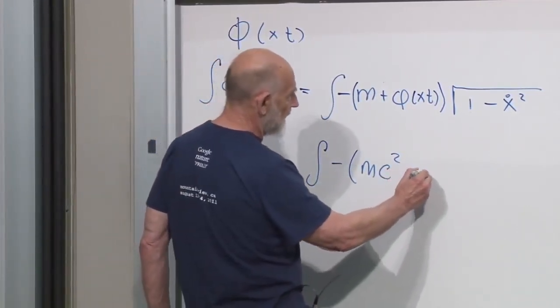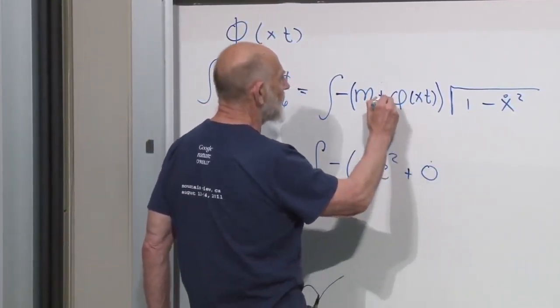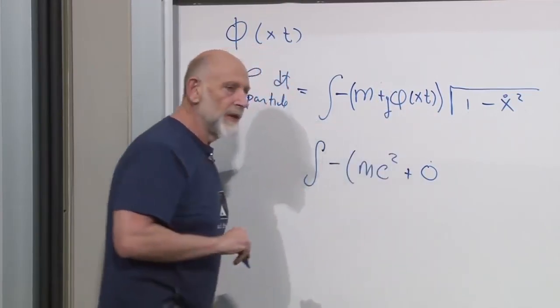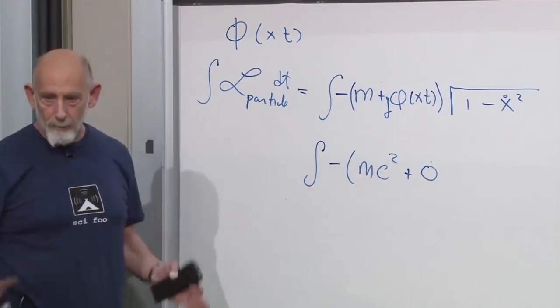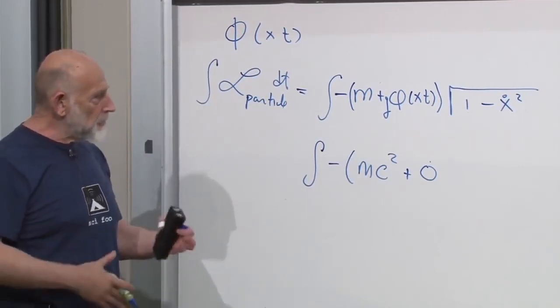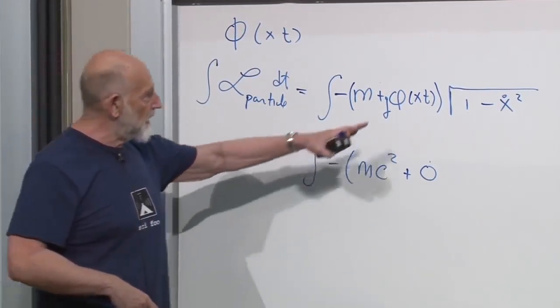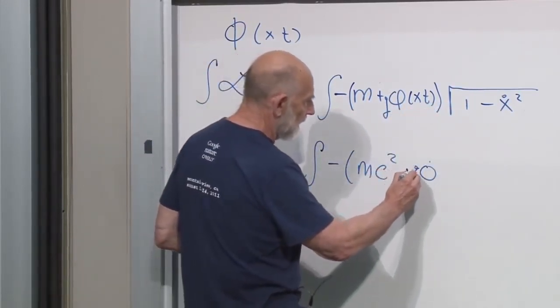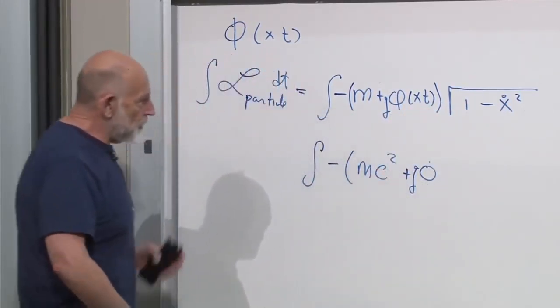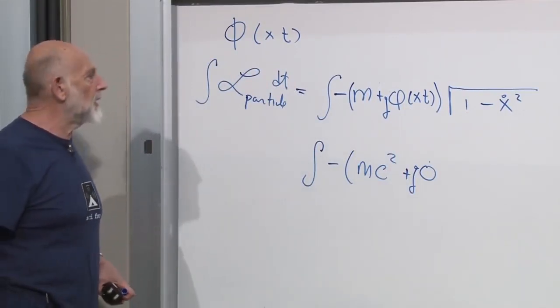The field is defined. Oh, let's put a constant in here. Let's put a g in here. This constant is called a coupling constant. It measures the strength by which the field affects the motion of the particle. G can be anything for the moment. We don't know what it is.